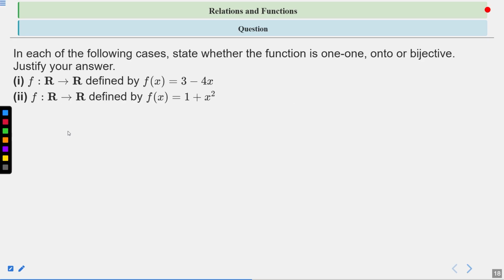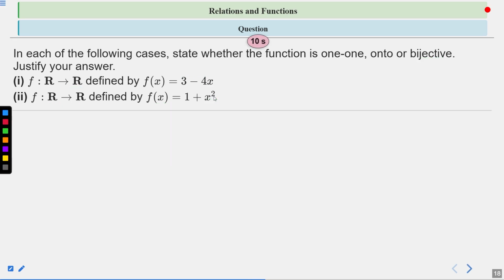This question. In each of the following cases, state whether the function is 1-1, onto or bijective. First, function from R to R defined as f(x) is equal to 3 minus 4x. Second, function from R to R, f(x) as 1 plus x square.